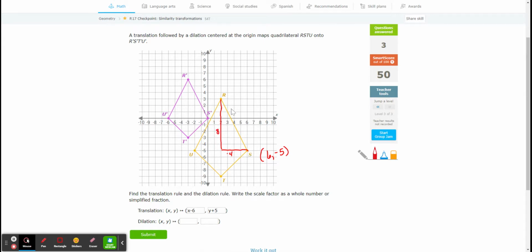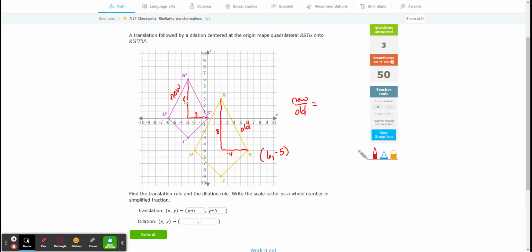That was originally to go from S to R. In the new figure, I would go 1, 2, 3, and then 1, 2, 3, 4, 5, 6. So this is the new one, compared to the original or the old. So to find the scale factor, it is going to be new divided by old.